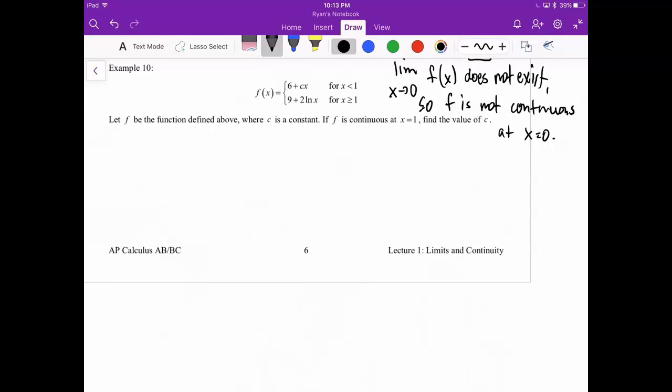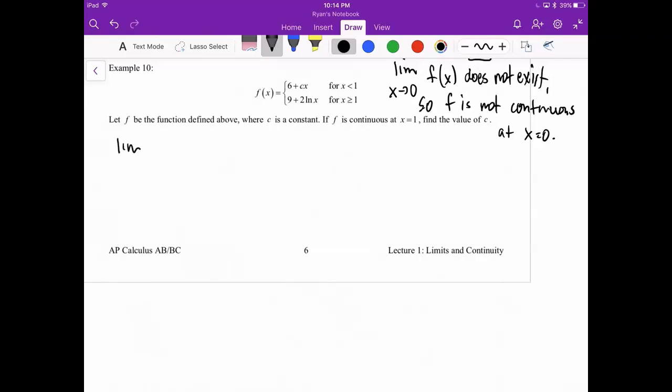Well, I know that if f is continuous at x equals 1, then three things have to be true. f of 1 has to be defined, the limit as x approaches 1 of f of x has to be defined, and those two things have to equal one another. If I want to figure out what c is, then basically I need to figure out what the two one-sided limits are, set them equal to each other, and then hopefully be able to solve for c.